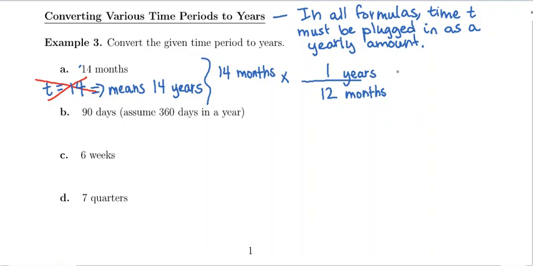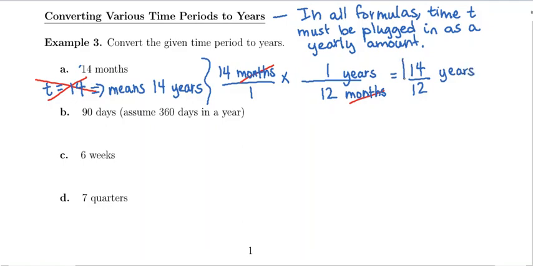All right, so now we can multiply. You have to remember how to multiply fractions: you simply multiply across the top and across the bottom. So 14 times 1 is 14, and in the bottom, that's understood to be a 1, and 1 times 12 is 12. Remember, the months in the top cancel with the months in the bottom, and our units are left to be years.